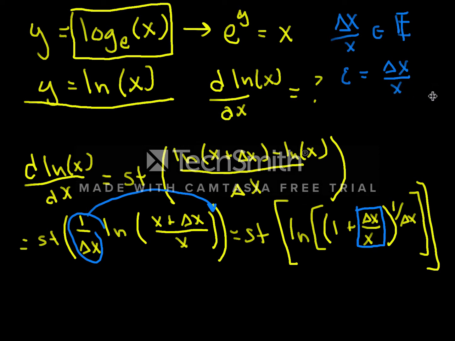And then we're going to want to replace this expression here. So solving for that, I get that 1 over delta x is the same as 1 over epsilon times x. Okay, so I'm going to make this substitution, putting those values in.